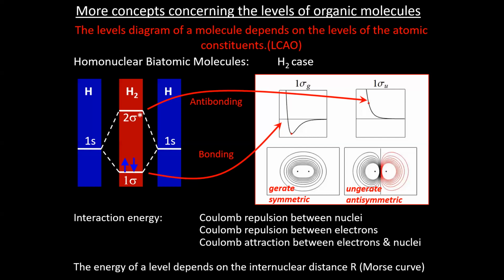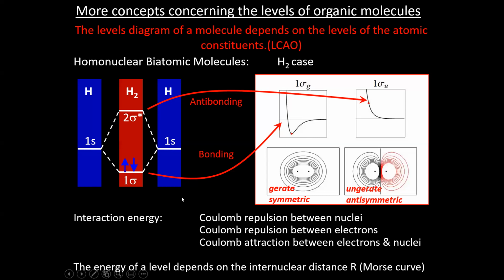This curve here of the bonding is named the Morse curve. It has a typical minimum around here. And remember, this is the distance between the nuclei. We are in a very simple model where we have two nuclei, two protons, and so it's very simple to identify the distance between them.